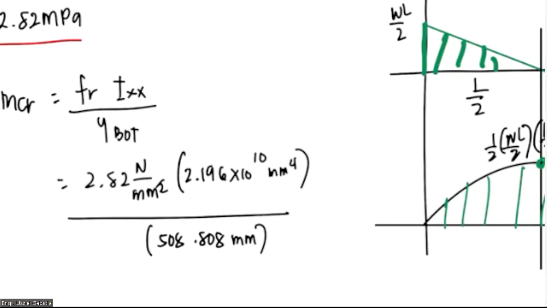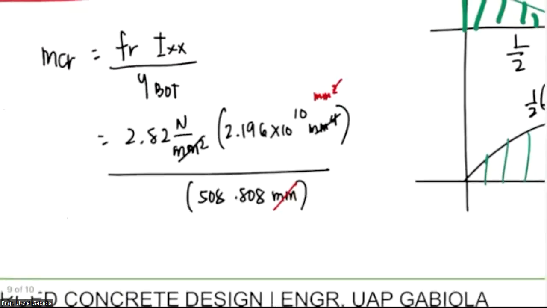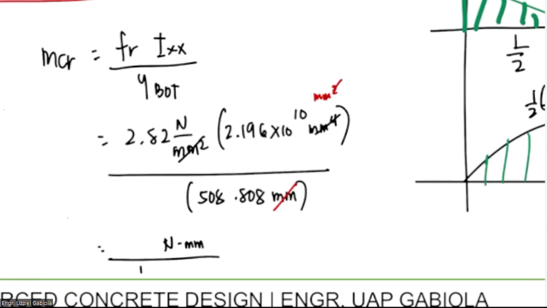So mm squared will cancel out the one, then we will be left with Newton mm, then just divide it by 1 million to make it kilonewton meter. Let us do that.